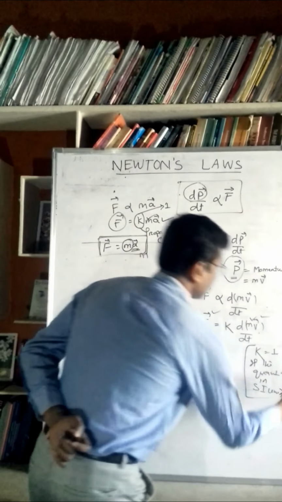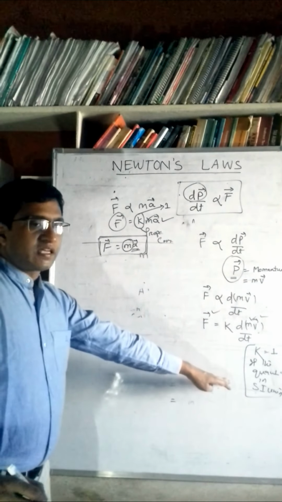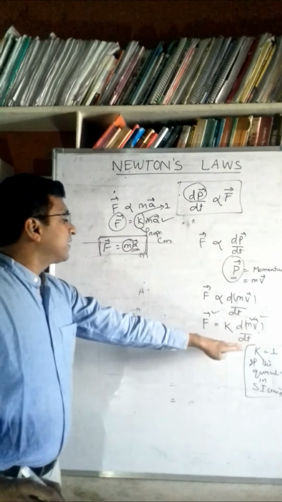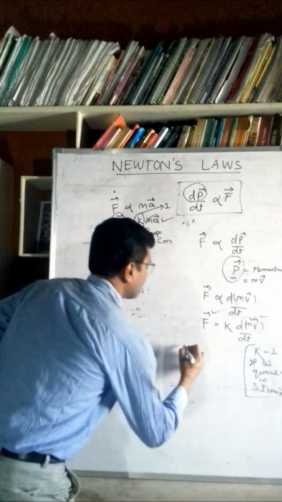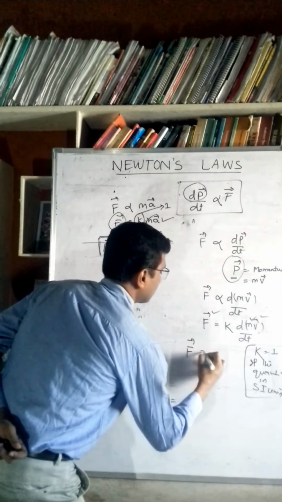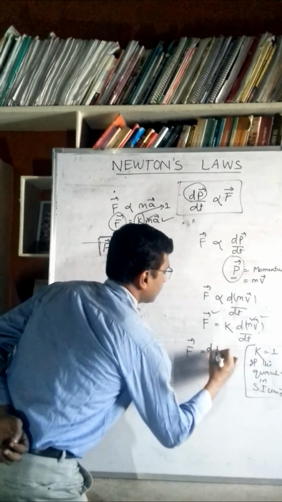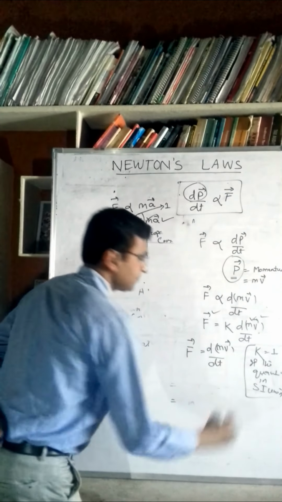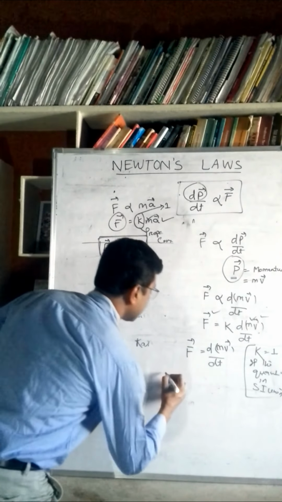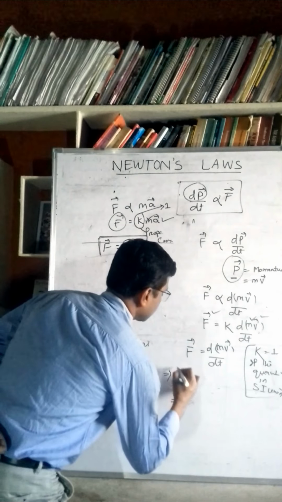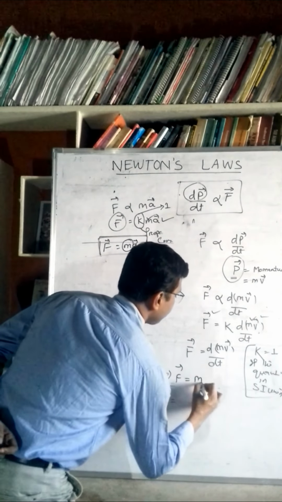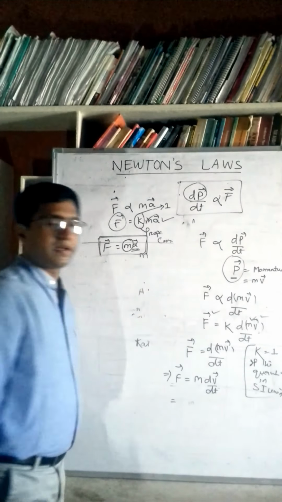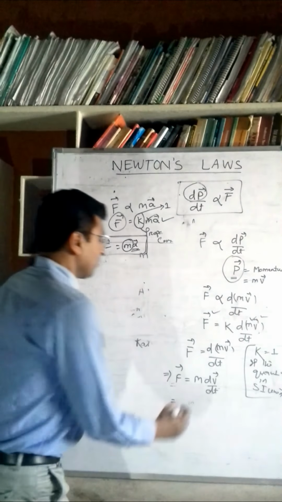So when all the quantities are in SI units, F is equal to k d(mv) by dt reduces to F is equal to the derivative of mv with respect to t. Or we can say force F is equal to m dv by dt, the derivative of velocity with respect to time. Why m?